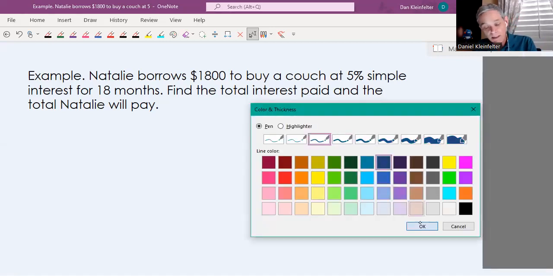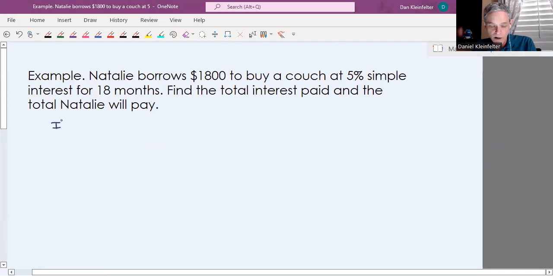So the issue here, when we go to calculate principal times rate times time, is, as I'd said earlier, the time units need to match. That is the 5% simple interest, that's an annual rate, and we're given 18 months. So if I were to go 1,800 times 0.05 times 18, that would be wrong.